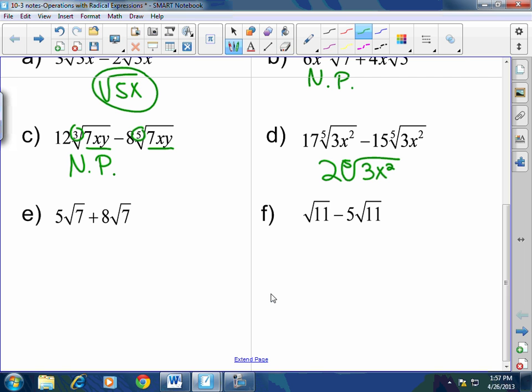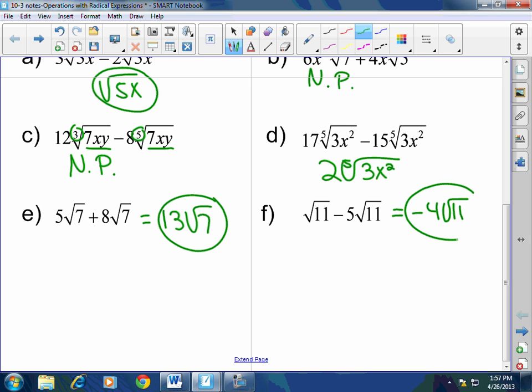Okay. 5 square roots of 7 plus 8 square roots of 7. Absolutely right. 13 square roots of 7. Done. 1 square root of 11 minus 5 square roots of 11. Negative 4 square roots of 11. Absolutely right. And have you seen the way I've been phrasing it?